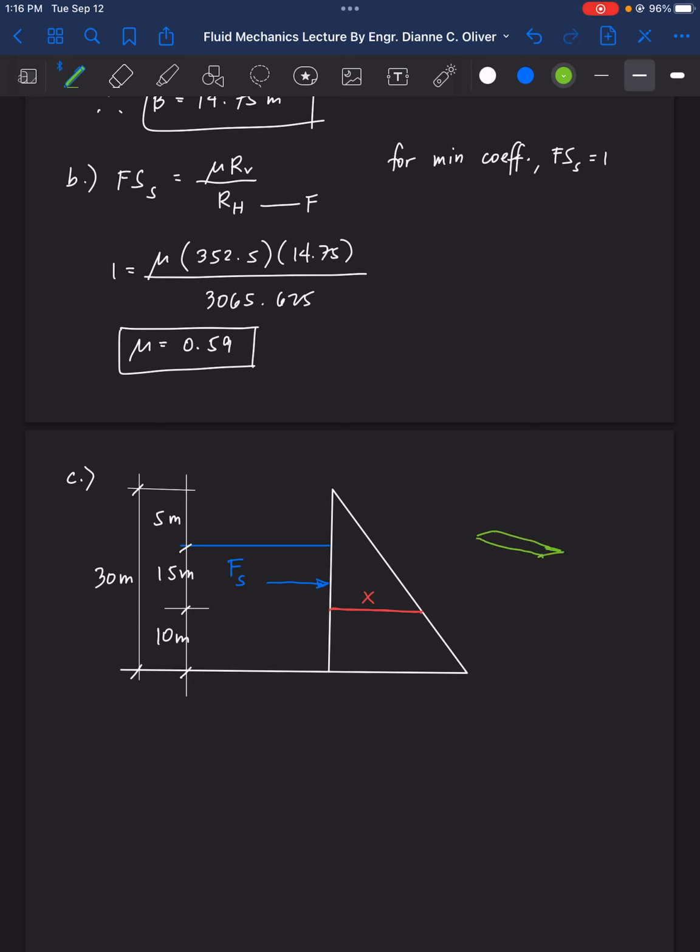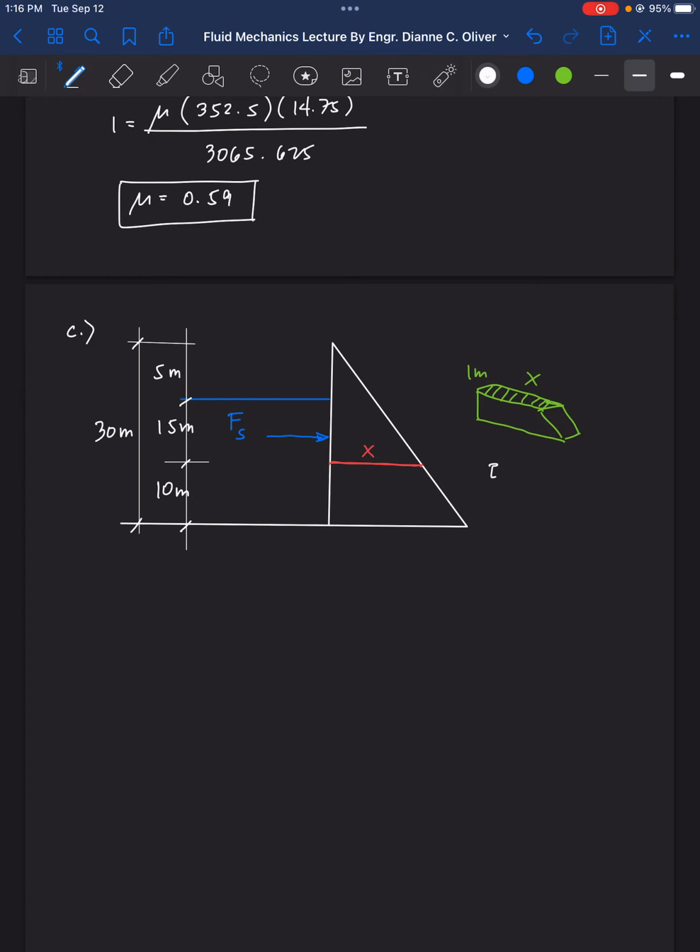So this is the shearing area. This is the X, and this is the 1 meter width. And the formula for the shearing stress, represented by tau, is tau equals F, the shearing force, all over the shear area.